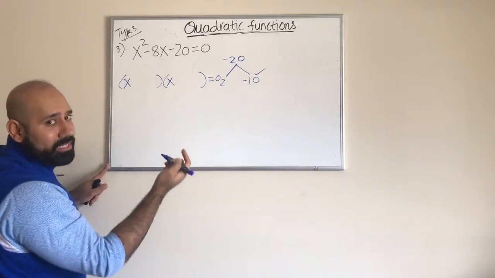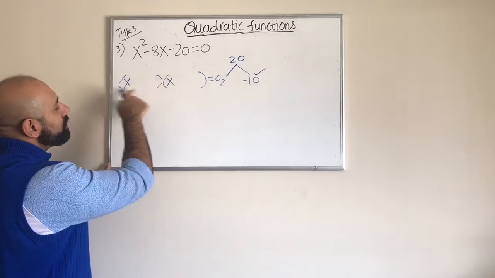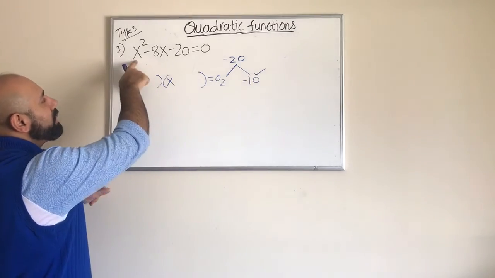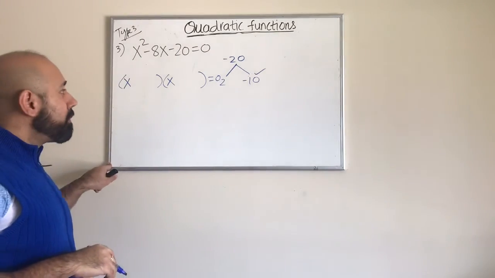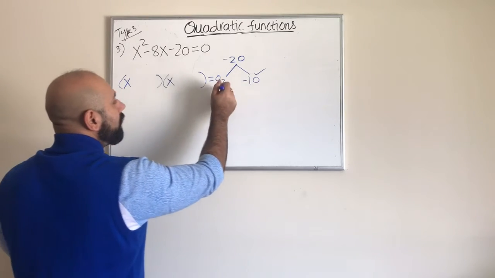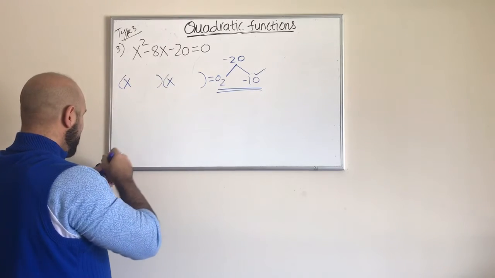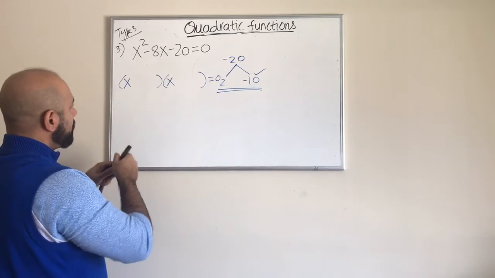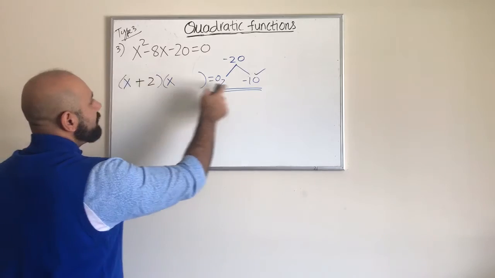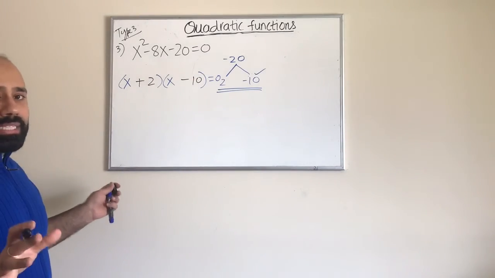The reason we write an x here is that when we distribute, x times x gives us x squared, and that's my first term. The other two pieces come from these two numbers. There's a positive 2, so I'm going to write x plus 2. And there's a minus 10, so I'm going to write x minus 10. It's as simple as that.